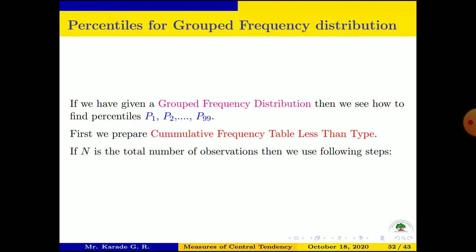If n is the total number of observations, then we use the following steps. The total number of observations n is nothing but the sum of all frequencies.